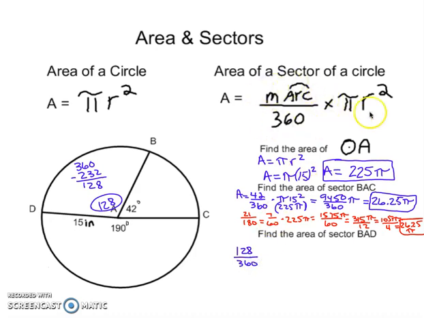So again, I'm just using this equation right up here. And then we're going to multiply that times pi. Our radius is still 15. So that's going to be 225 pi.